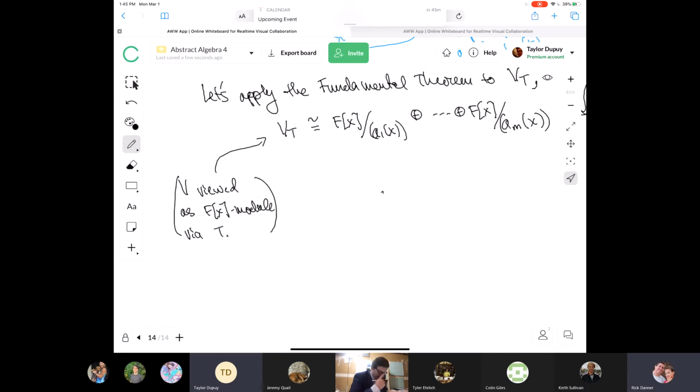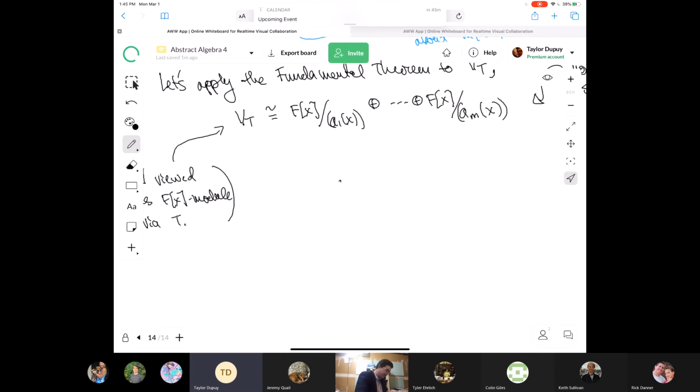So this gives us a way to characterize linear transformations on V. Exactly. It's a way to study linear transformations on V by viewing it as an F[x]-module, and using the fact that we know what F[x]-modules look like.